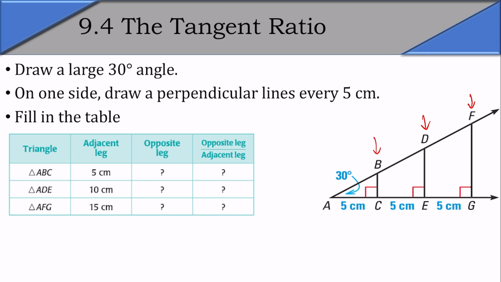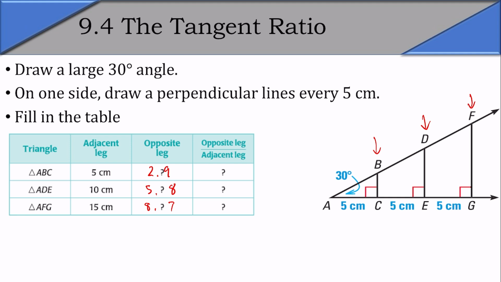So BC is 2.9 and DE is 5.8 and FG is 8.7.